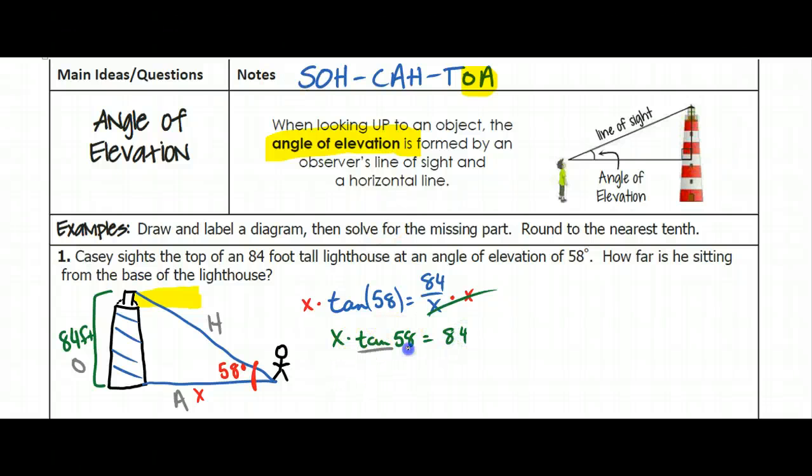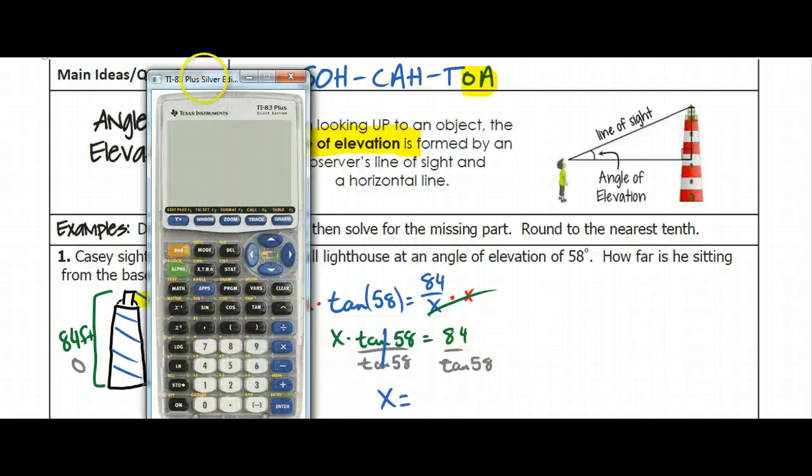And then divide. That's where we get x equals 84 divided by the tangent of 58.